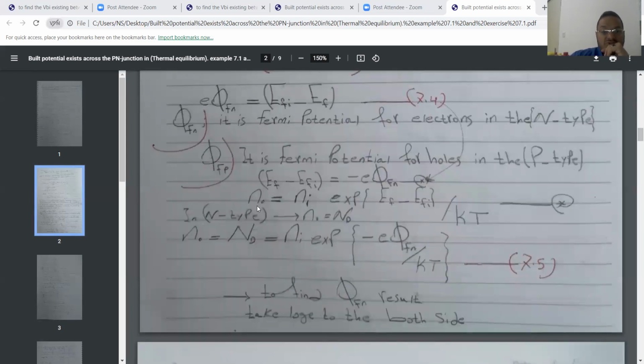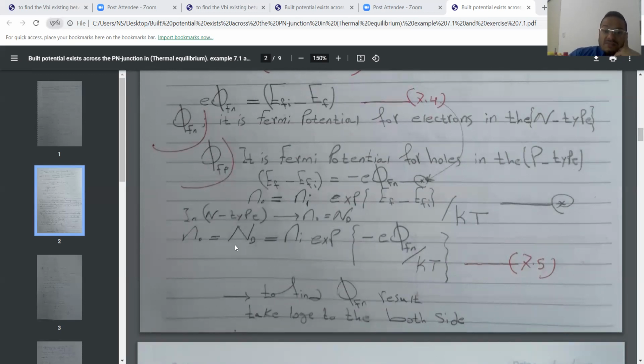Here, the electron concentration equals the intrinsic carrier concentration times the exponential of the Fermi level minus the intrinsic Fermi level divided by the Boltzmann constant times temperature. In n-type, as I said before, when I say n-type, that means the majority carriers are electrons and n naught equals the donor concentration, and the minority will be p.